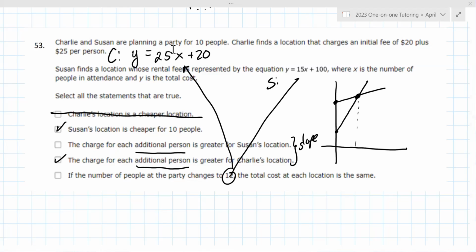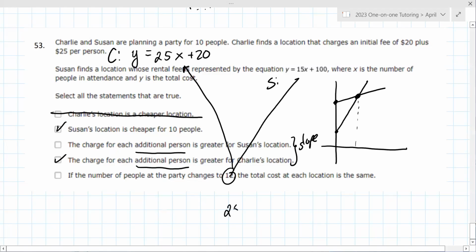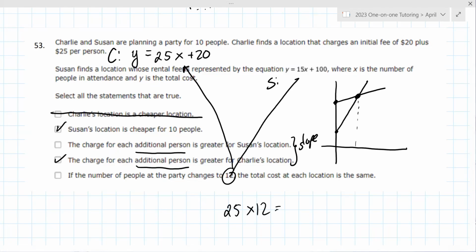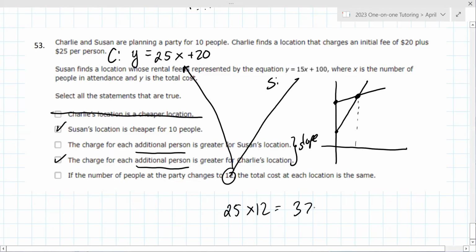Calculator. 25 times 12 plus 20, so 320, and no, that's not true. Whose is cheaper? Susan's, sorry, is 280. Yeah. All right, good.